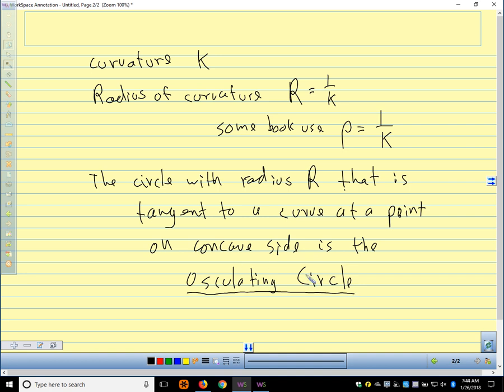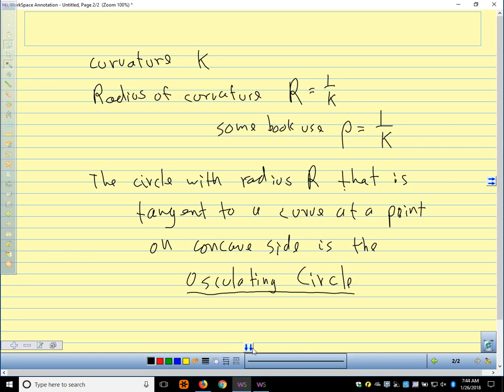So the osculating circle is an approximation of the curve where the curvature matches. So the curvature has to do with the second derivative. So the osculating circle near a particular point is going to be a better approximation to a curve than a linear approximation, because their first derivatives and their second derivatives agree.